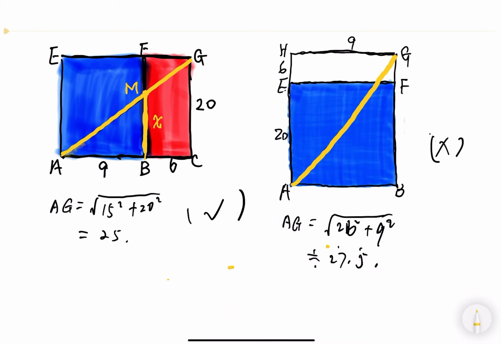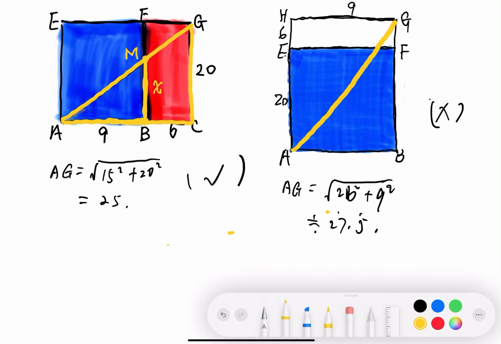We have triangle ABM and triangle AGC. These two triangles are similar triangles, right? We can see. Then we can use the ratio to find X. Very simple. Okay, let's do it.